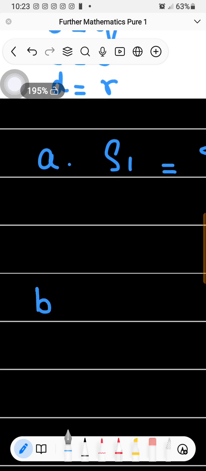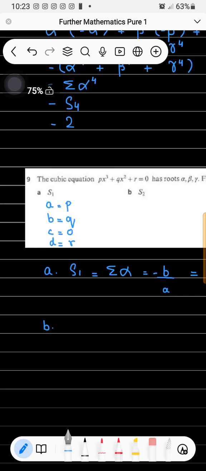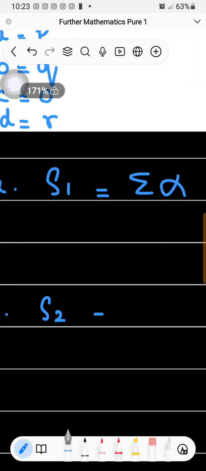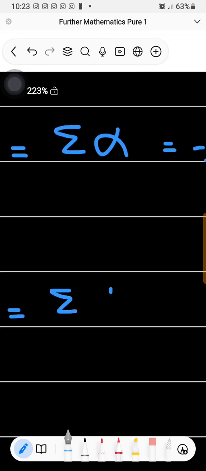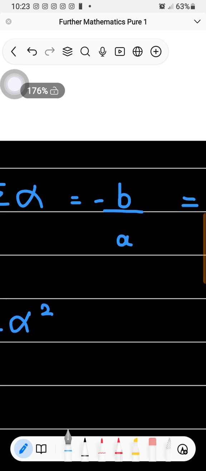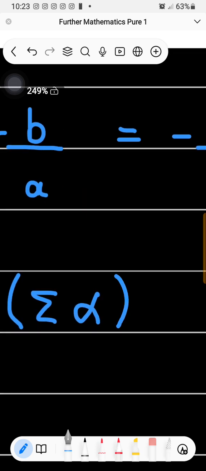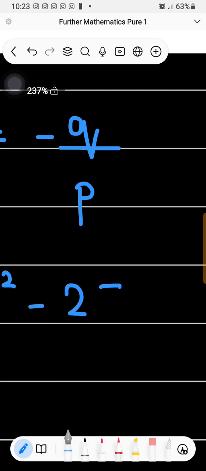Moving ahead to the next part. In part B, it is S2. S2 means sum of alpha square, and it becomes the bracket of sum of alpha whole square minus 2 sum of alpha beta.